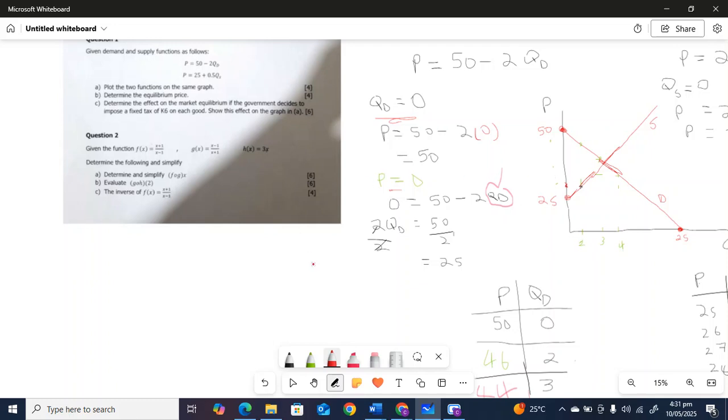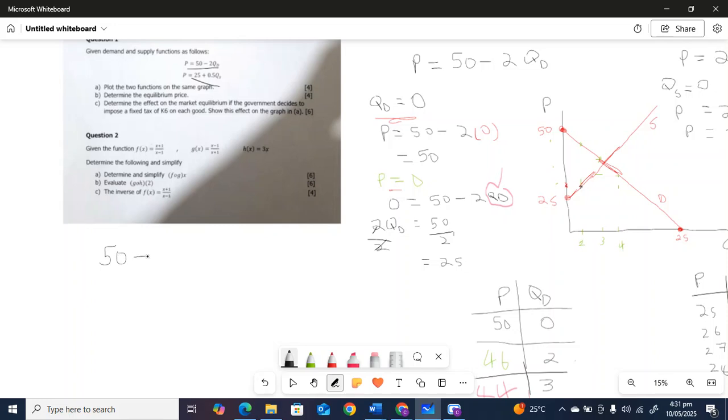I can get you now. Yes. Okay, yes, that is true. You get the two functions, demand function and supply function, and you solve for Q. So demand function is 50 minus.